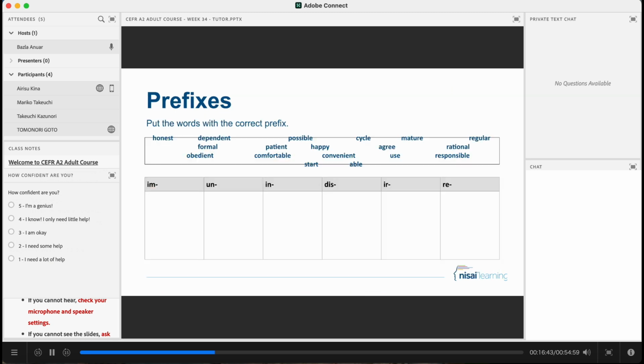I hope you are still able to read the words there. Can you all read the words there? So we have 18 words altogether.